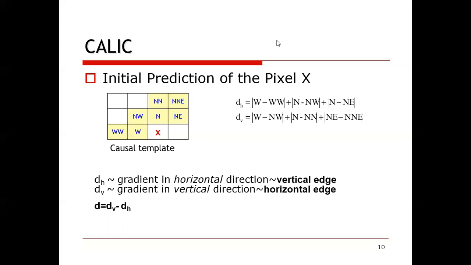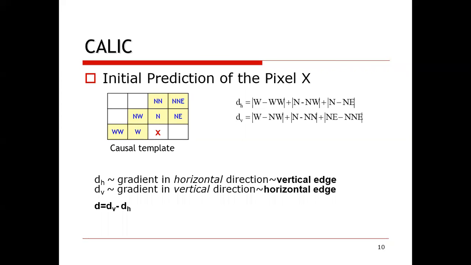So now comes the first part of the calculation, that is to find the predictive value of the given pixel. First find the initial prediction of the given pixel x. How will we find the predictive value of a given pixel?